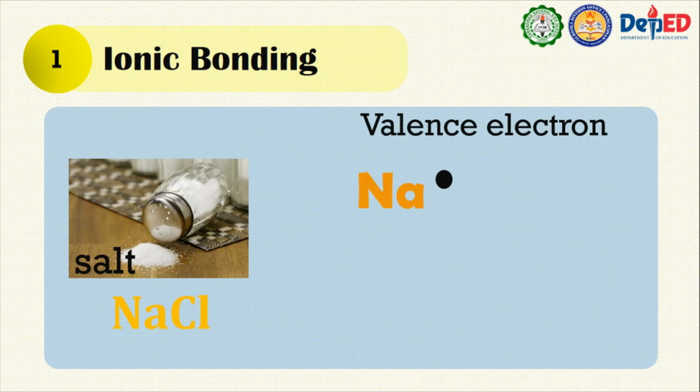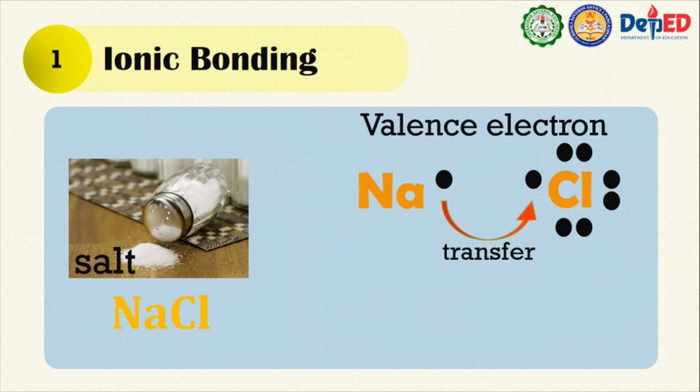Valence electron is the number of electrons in the outermost shell of an element. Chlorine has 7 valence electrons. In this bonding, sodium will transfer or donate 1 electron to chlorine to complete the 8 electrons in the outermost shell of chlorine, and both become stable.